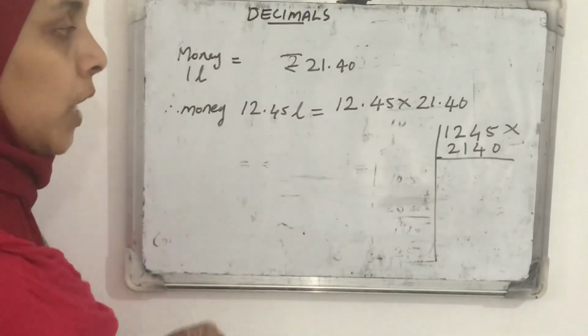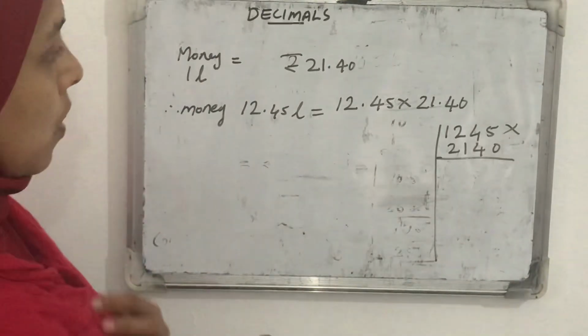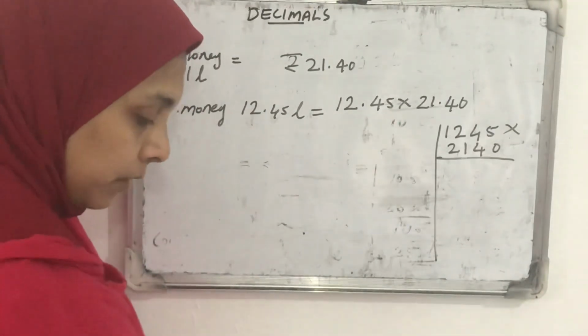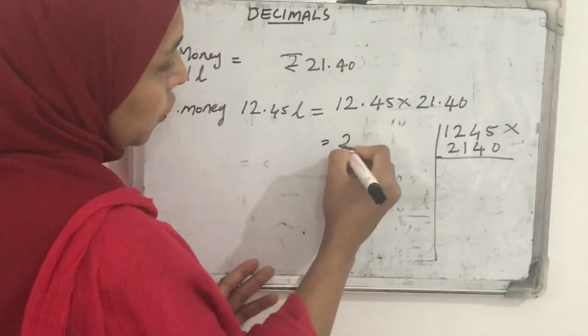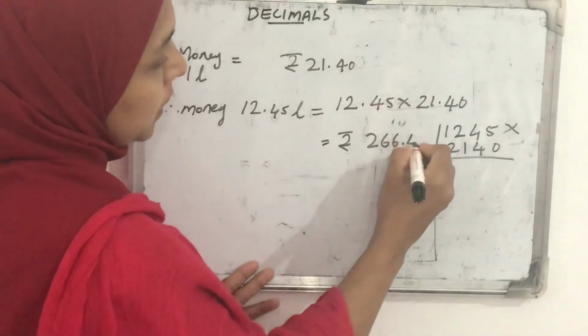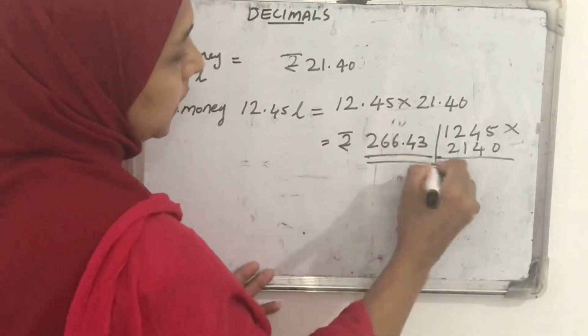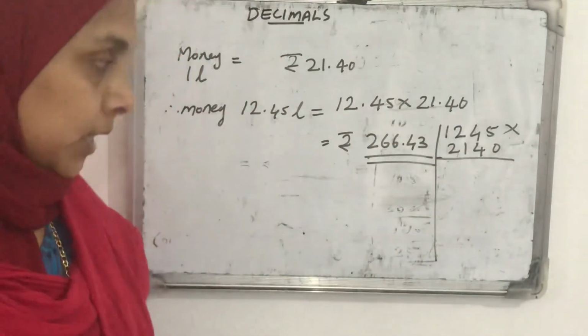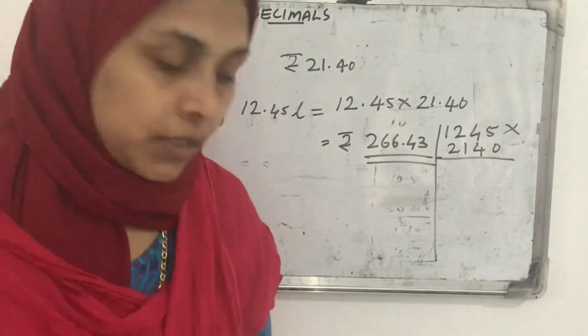All of you do that multiplication in your working column. Then the answer will be 266 rupees and 43 paise.